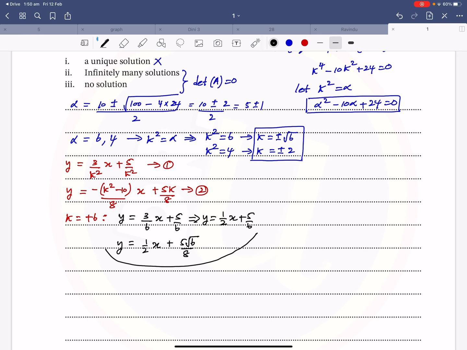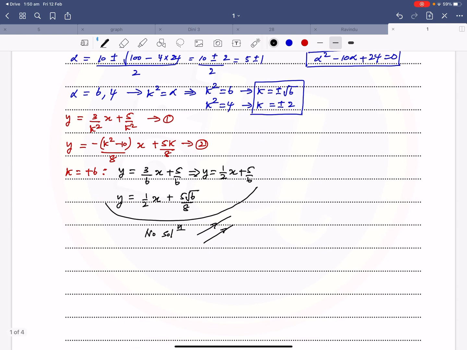We can see the gradients are equal but not the intercepts. That means we have no solution. No solution means the lines are parallel and never meet. So when k is equal to plus square root of 6, no solution.